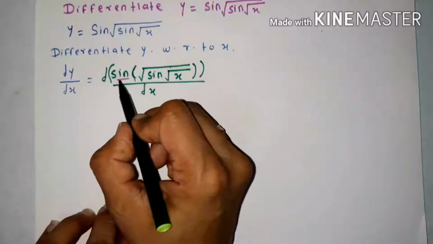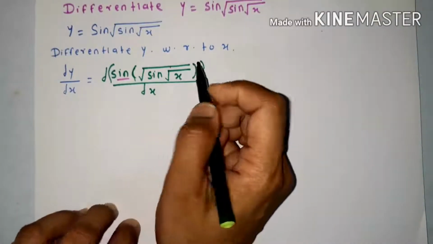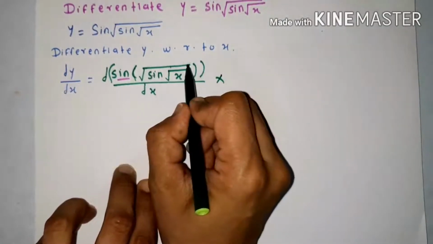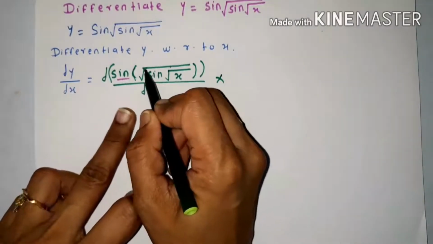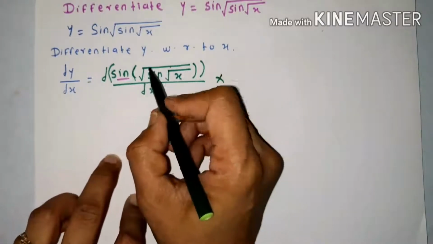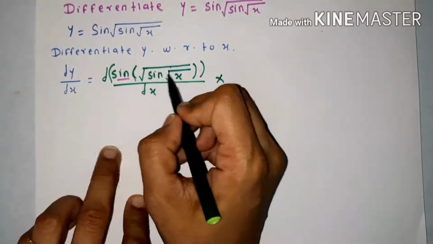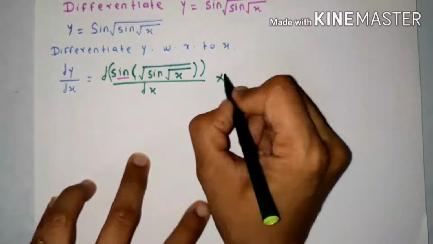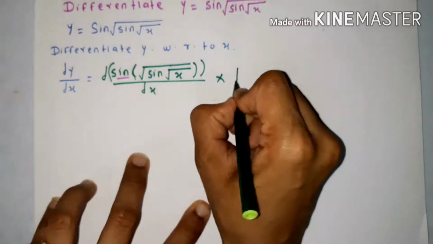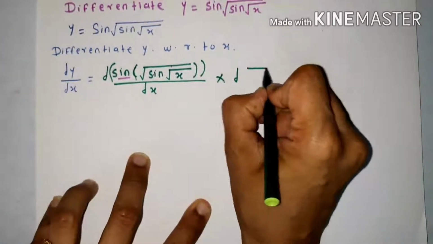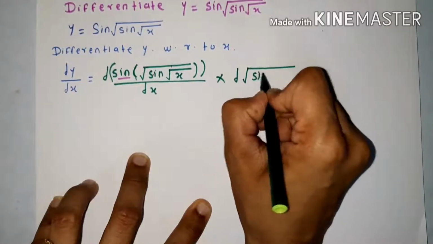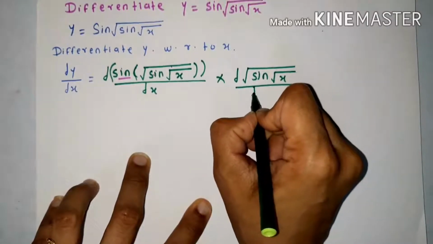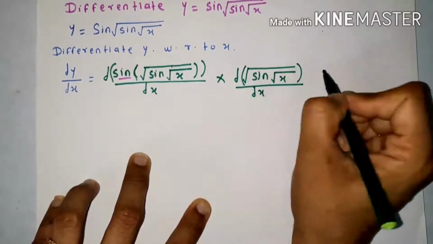Now in the first step, this sine is a function of the square root function. In the second step, the immediate function to sine is the square root function. And now we differentiate after this by using the square root function. Therefore, multiply, and that is into, the differentiation of another function, that is square root of sine of square root of x with respect to x.